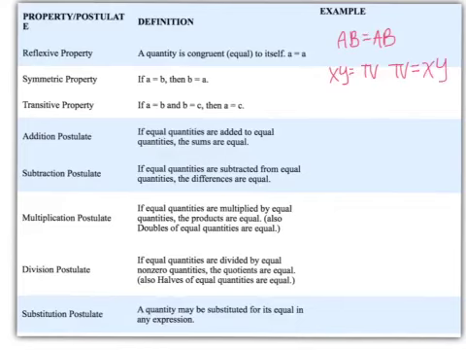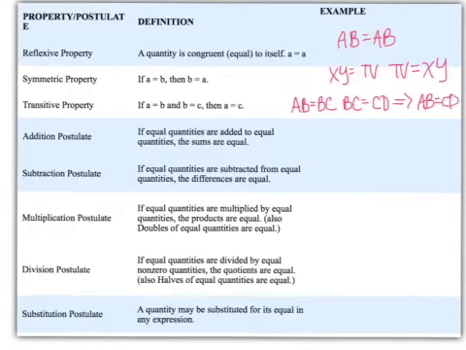The transitive property says if A equals B and B equals C, then A equals C. So if we're talking about a problem and it tells you that AB equals BC and BC equals CD, that then implies that AB equals CD.